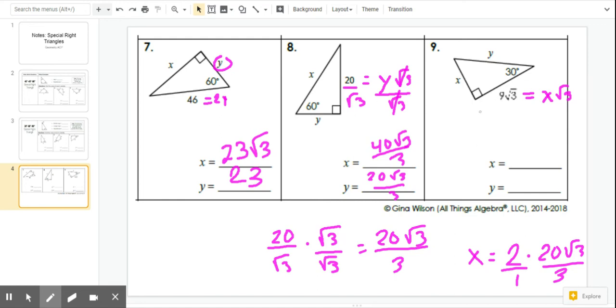So if I divide by square root of 3 to get X alone, these cancel out, and we're just left with 9. So X is 9, and then Y, the hypotenuse, is 2 times the shorter leg, so 2 times X, which is 18. That's it for special right triangles. Those are your notes.